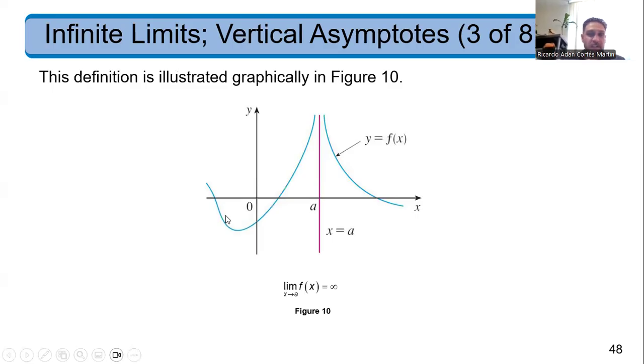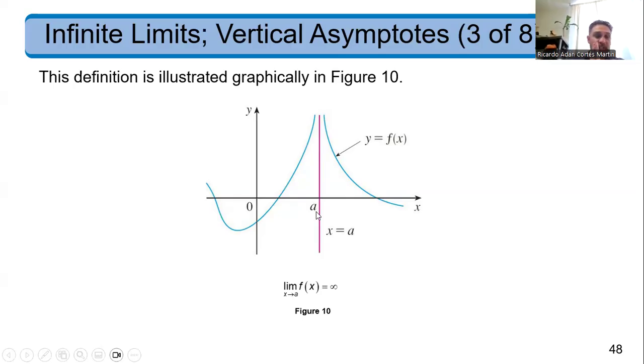So we can have functions like this, where when x equals a, the value of the function is not defined because we don't know what the value is exactly here. But what we can see is that it keeps approaching infinity, okay? So this red line is what we call an asymptote.